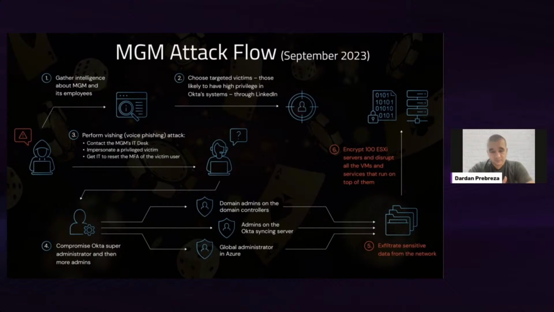They got domain admins and domain controllers, admins on the Okta sync server, and global administrator in Azure. Then they could potentially exfiltrate sensitive data from the network, and encrypt hundreds of ESXi servers and disrupt all the VMs and services that run on top of them. So basically, it all started through information gathering, moving to phishing, in the same way as you do it for normal assessments.